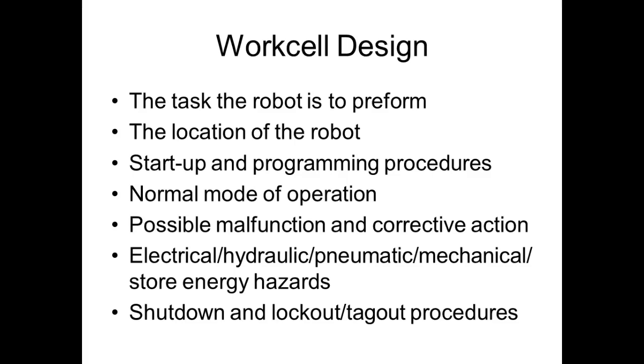So the problem is we'll have people go out and work on a robot, and they kill the electrical power to the robot, but they don't kill the fluid power. If I kill electrical power, the electrical power is gone, right? If I kill fluid power, most of the time pressure is still in the system. One thing they forget to do is they might go out and kill the compressor.